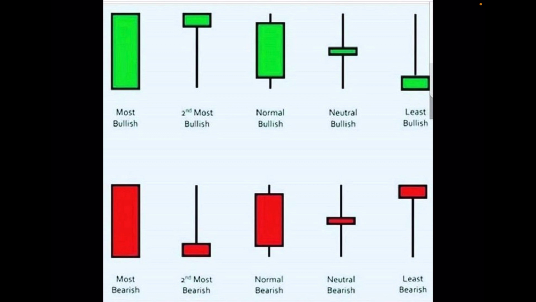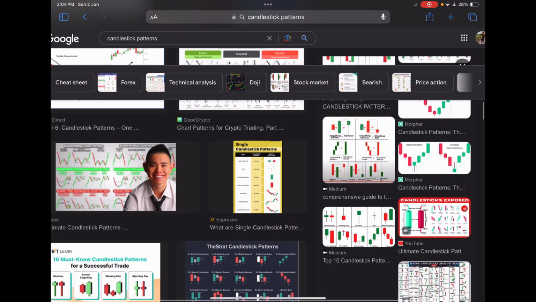Also, what I'm not teaching right now are candle names or candlestick patterns. If by learning candle names or candlestick patterns one could make money, it would be the easiest way, and Google wouldn't show us what candlestick patterns are, because in trading 99% of people are making losses and they are learning from Google or YouTube, and 1% are making money and they are not using these kinds of candlestick patterns.